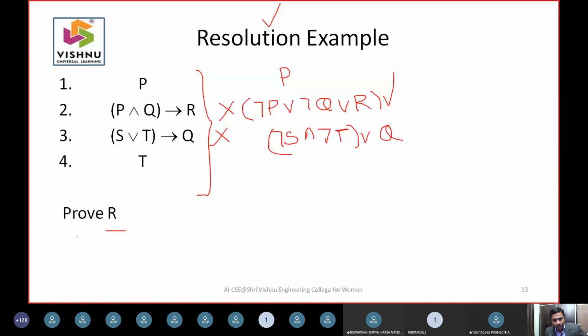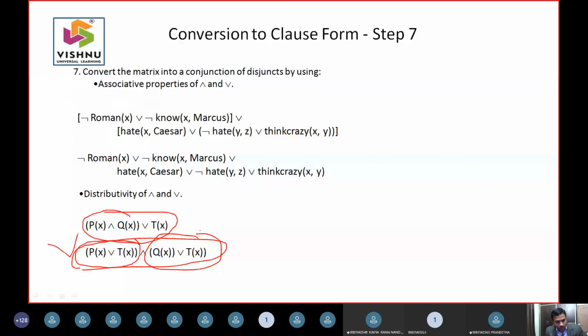I'm just doing negation of S or Q, you have an AND here, and negation of T or Q. The rule says you can have this as statement 1 and this as statement 2.